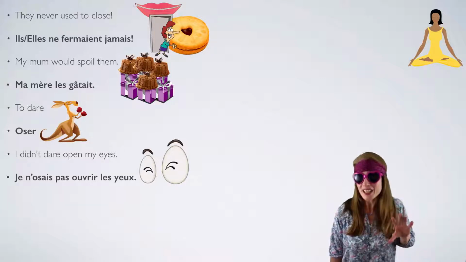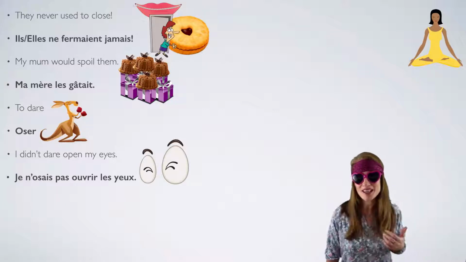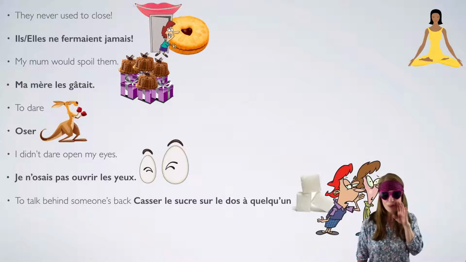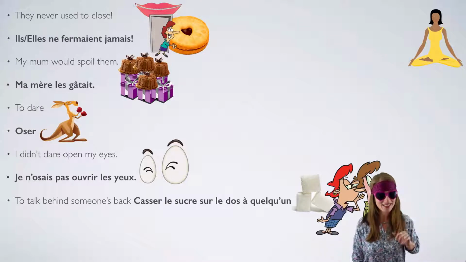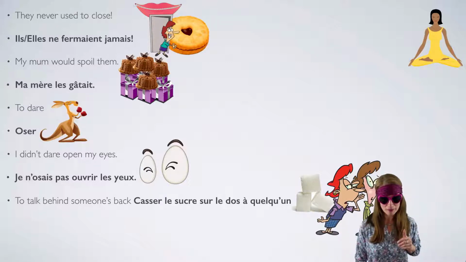So again here, you could use the perfect tense as well. Je n'ai pas osé ouvrir les yeux. Depends on what atmosphere is being created. To talk behind someone's back is casser le sucre sur le dos à quelqu'un. To break the sugar on the back of somebody.